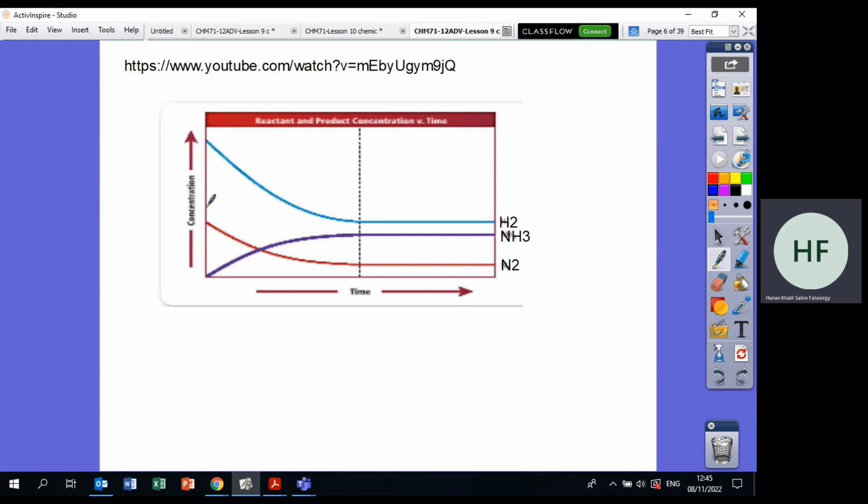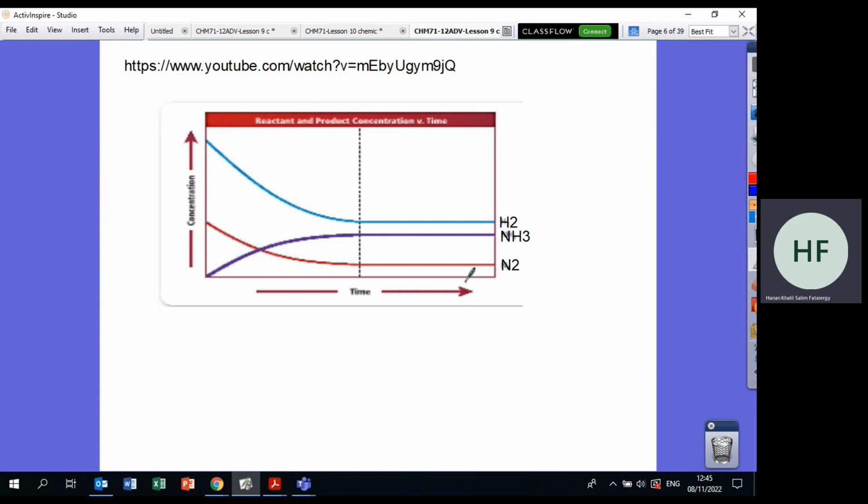Now, I want you to look at this graph, and from the graph, I want you to tell me what is the reaction represented here, like what are the reactants and what are the products. As you know very well, the reactants start from a number and they decrease. So here I have two reactants, the blue, H2, and the red, N2.